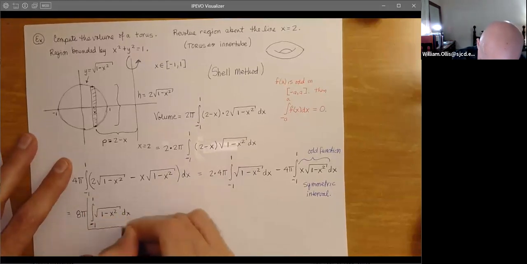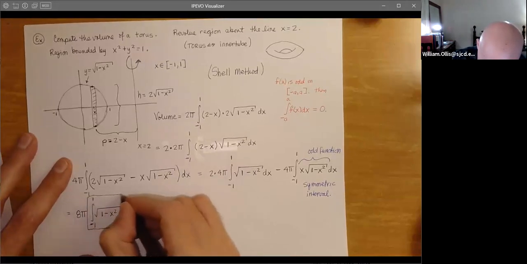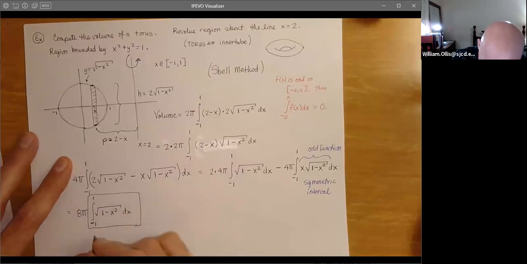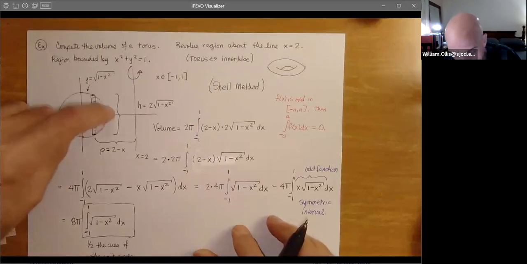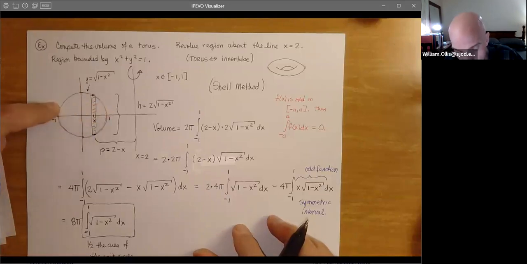So let's do this. So we'll say 1/2 the area of the unit circle. So this is using your geometry, again, from here to here, just the upper half of the unit circle.